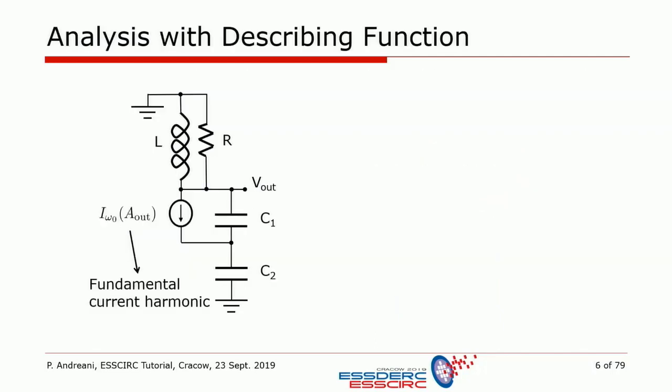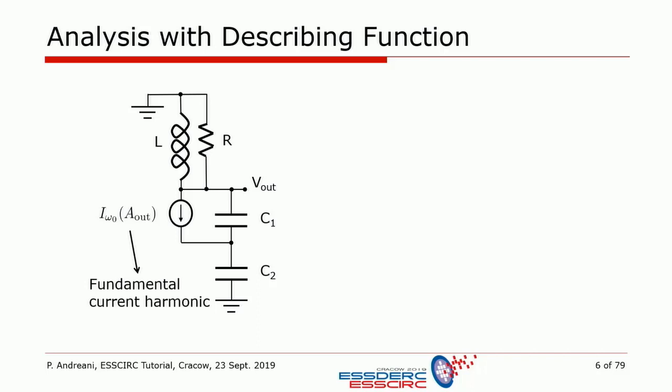By the way, a more in-depth analysis of this oscillator, for instance one telling us what the amplitude of oscillation is given the values of the passive components and the current, may appear very difficult, but in fact it's not.